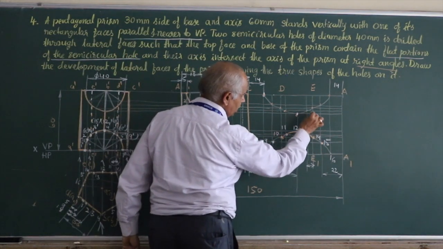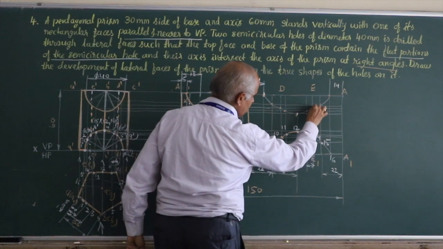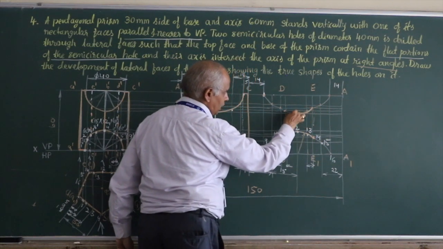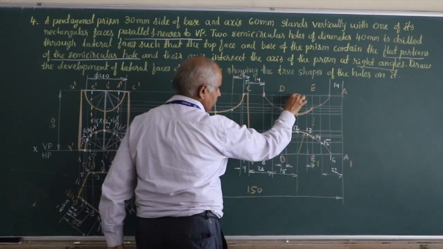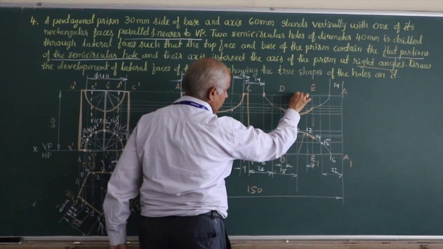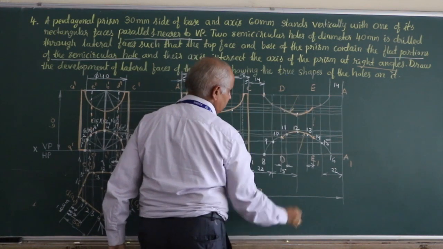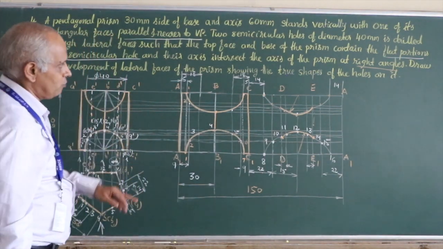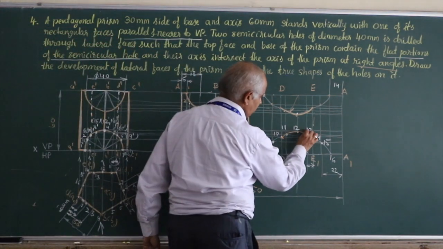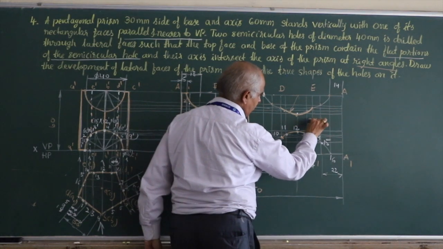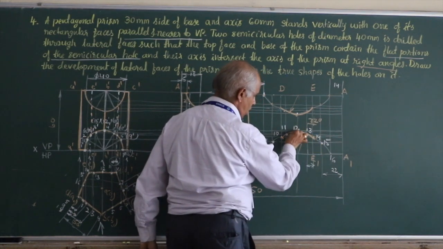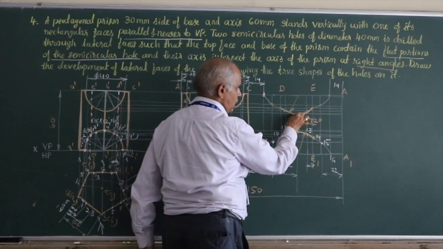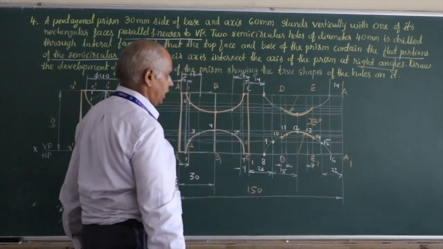Remember this is R, and similarly here also this is an arc of a circle with radius equal to the midpoint. This is the radius of the semicircle, which is given in the problem as diameter 40, meaning this is R20. Remember this is R20. Only this portion of the arc and this portion of the arc is R20.